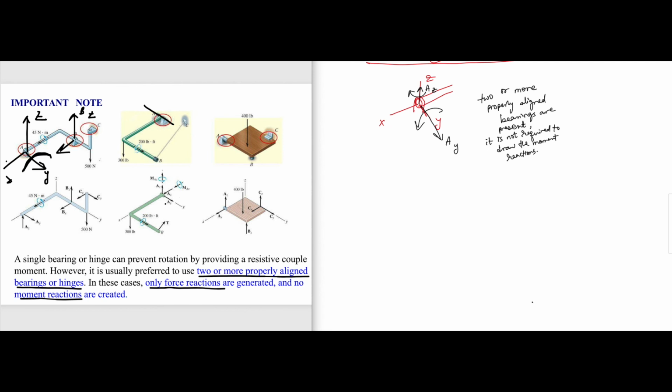That is why you have no moment reaction with respect to y, but with respect to x, that means if this is x, rotation like this is prevented. So you have moment with respect to the x-axis, you have moment with respect to the z-axis. So moment reactions are given because there is only one hinge or only one bearing in the system. You have to draw moment reactions. But if there are two or more properly aligned, you are not required to draw the moments. Okay.